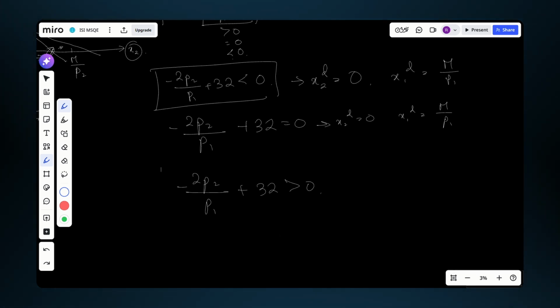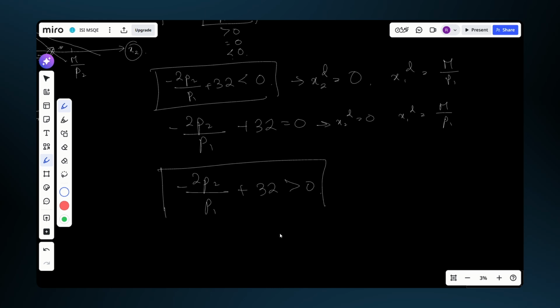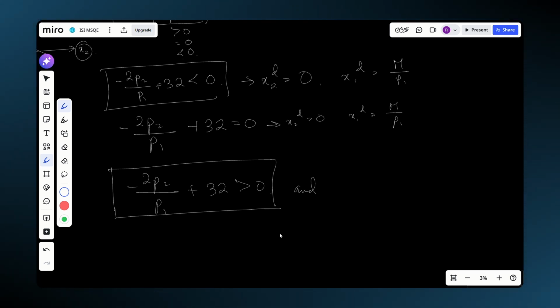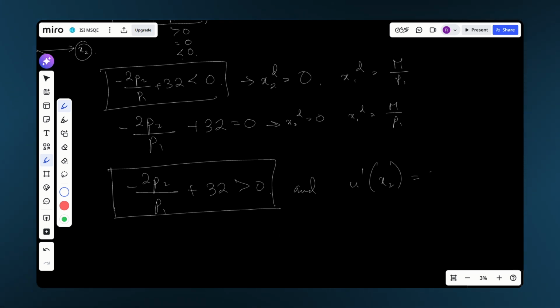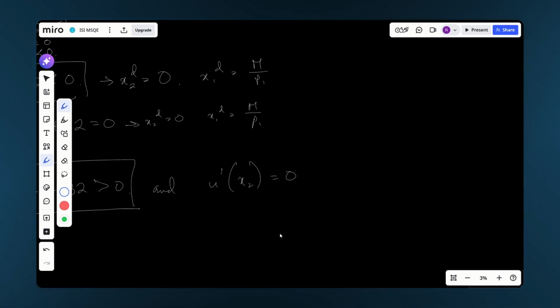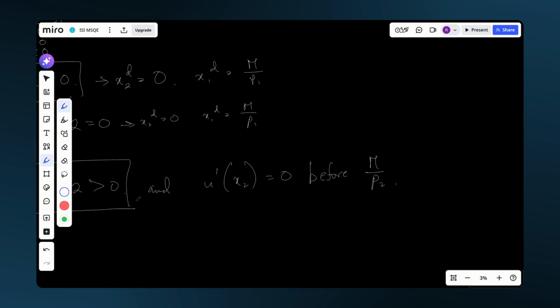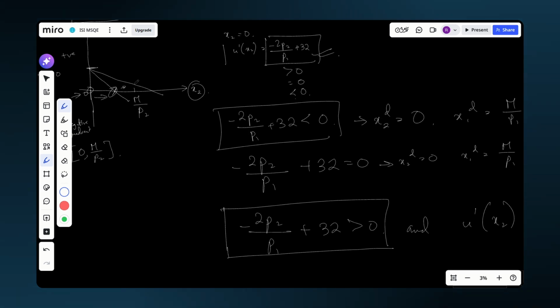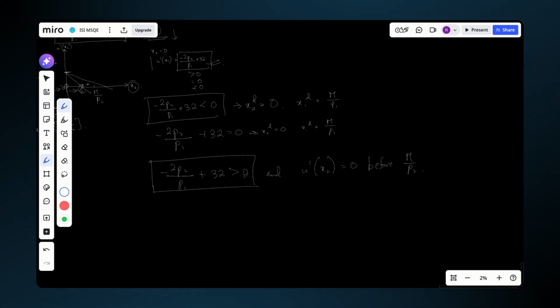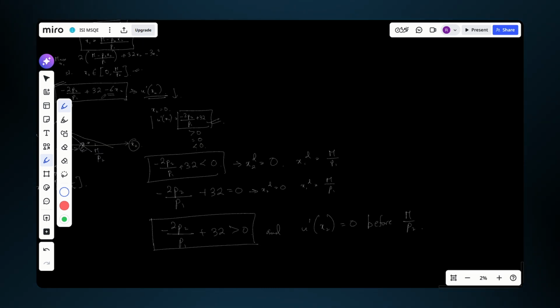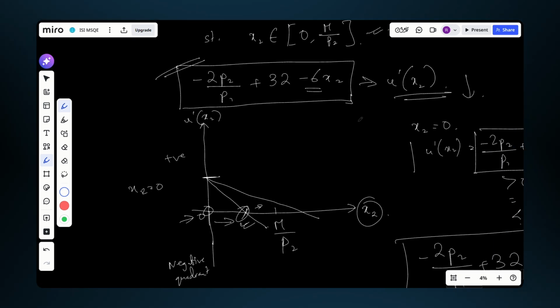So when the intercept is strictly greater than 0 and u dash x2 is equal to 0 before m by p2, then I will be consuming this bundle. What is that bundle? Let's try to calculate. So our u dash x2 is this, which I have written here.